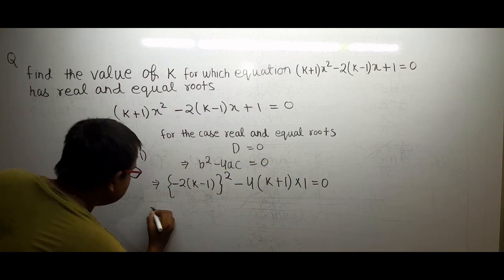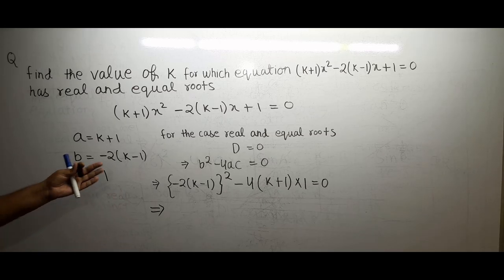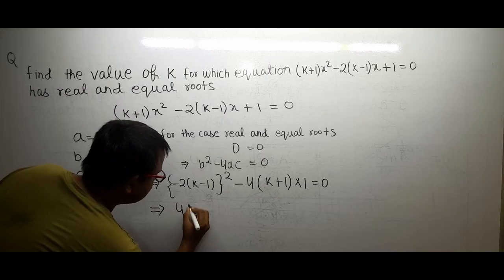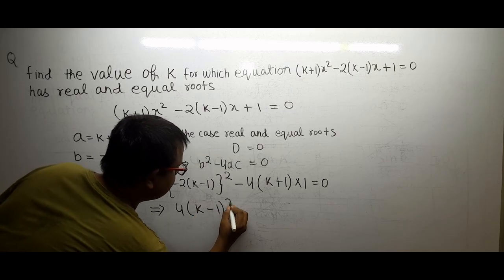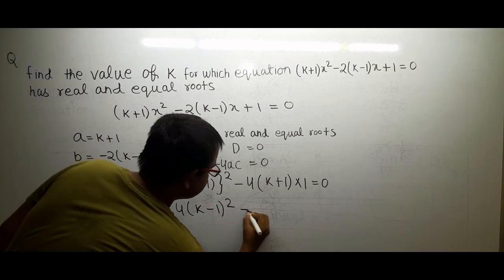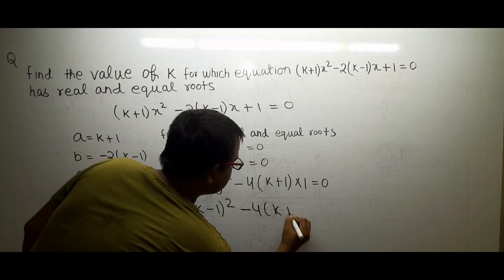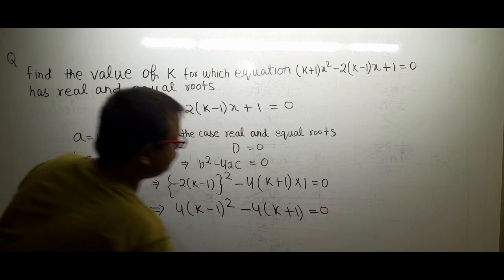When we solve this, it will be 4(k − 1)² − 4(k + 1) = 0.